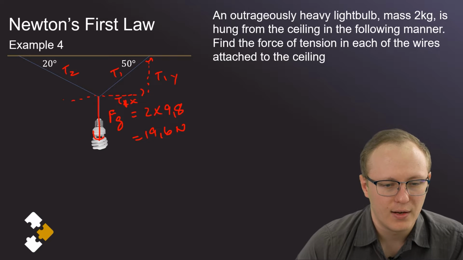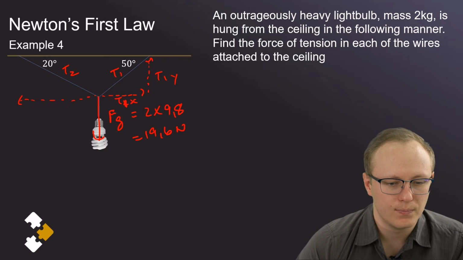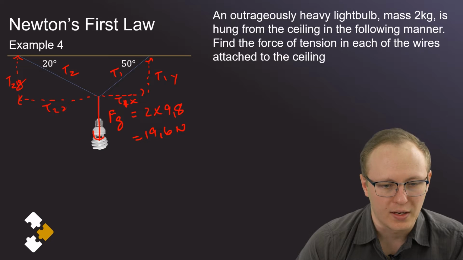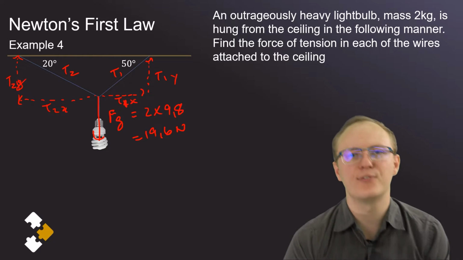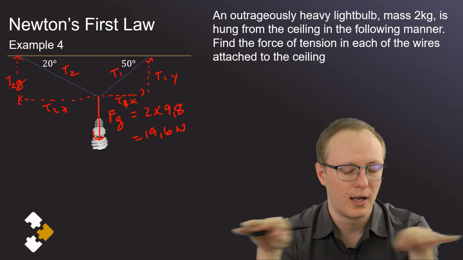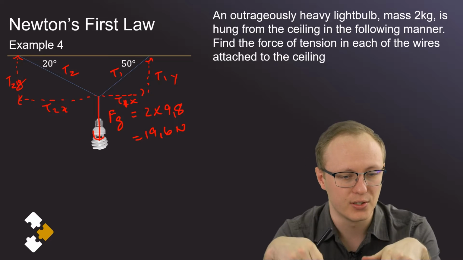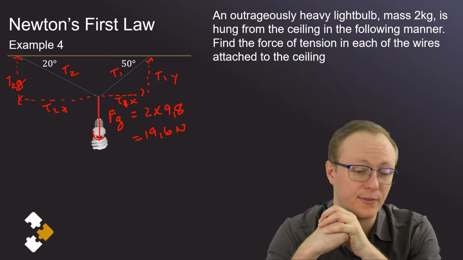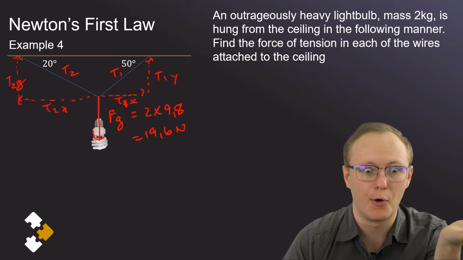Okay. And then this is now going to be T2y, and this is going to be T2x. So I found the components that are horizontal and vertical, or, well, not found them, but at least I know how I'm going to find them.